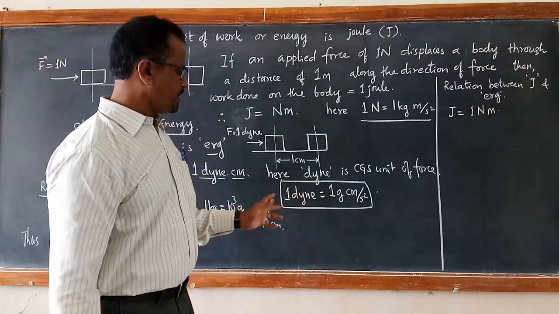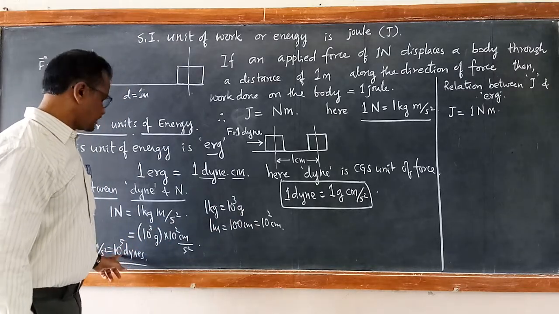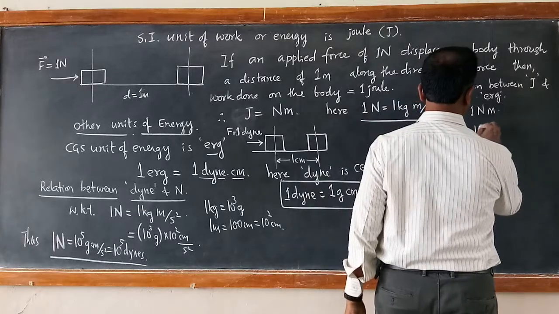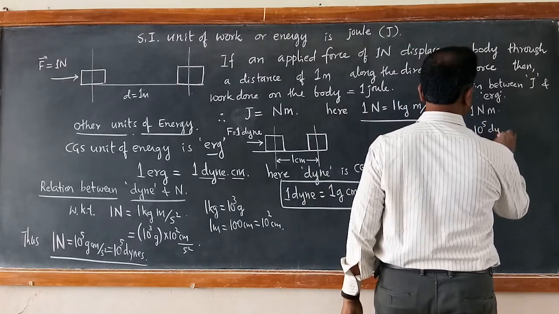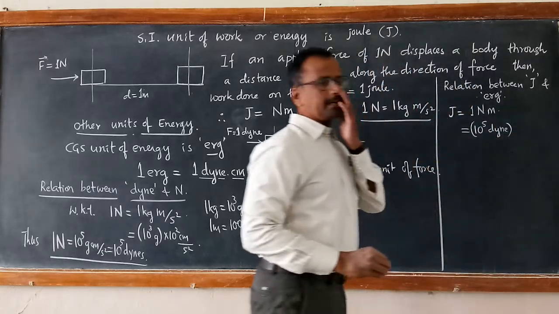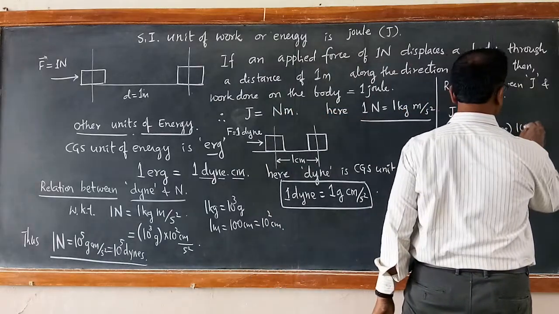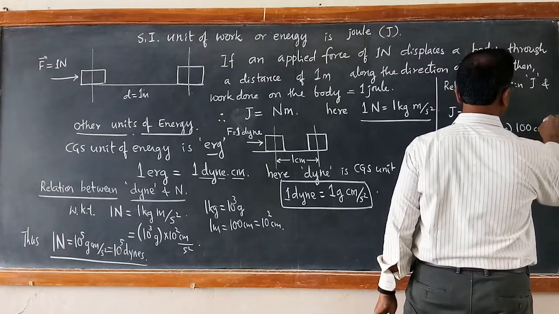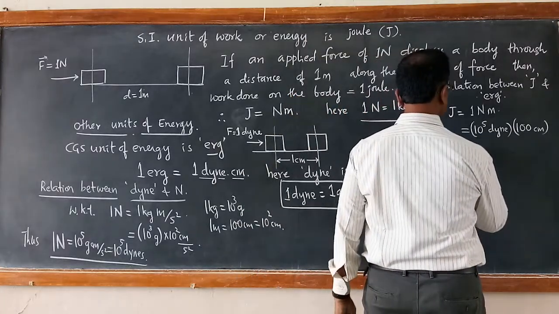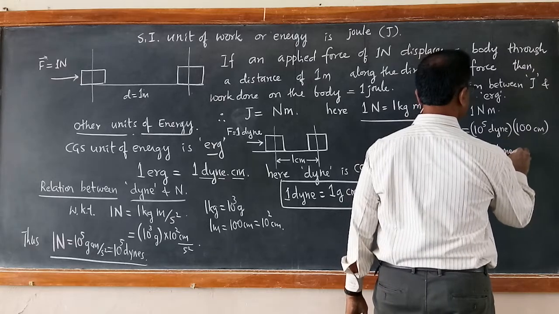Now, 1 Newton is equal to how many dynes? 10 raised to 5 dynes, into meter. 1 meter is equal to 100 centimeters. Just substitute. Thus we get 10 raised to 7 dyne centimeter.